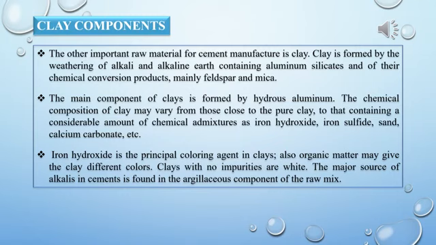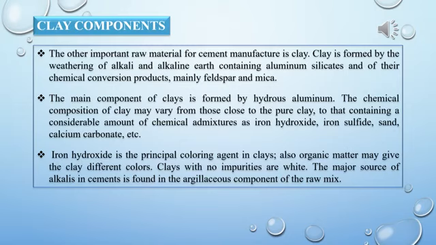After the equipments, we have studied the raw material for the cement production. In the raw material, we have discussed limestone, then chalk. After that, we have discussed marl. Now, the second component which is very important in the cement production is clay.